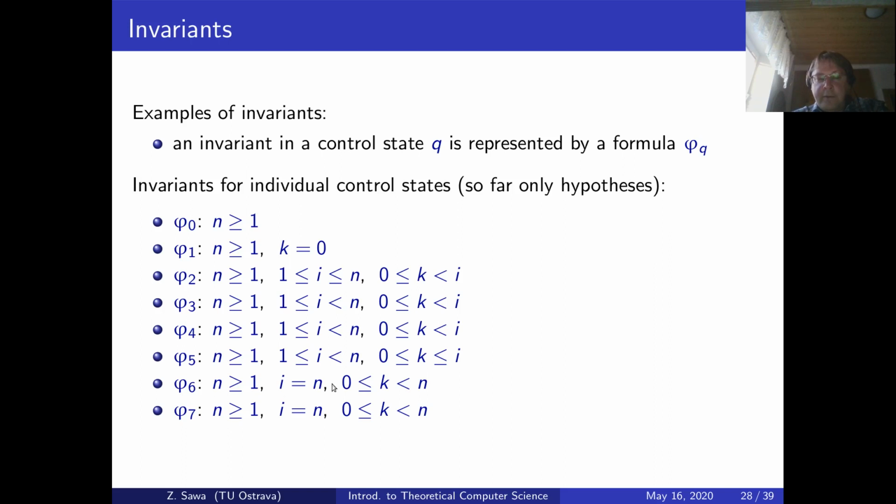And if we now know that I is equal to n, and we had before that k is greater or equal to 0 and strictly less than I, so if I is equal to n, then k must be strictly less than n. And so on, we could do it for other conditions.